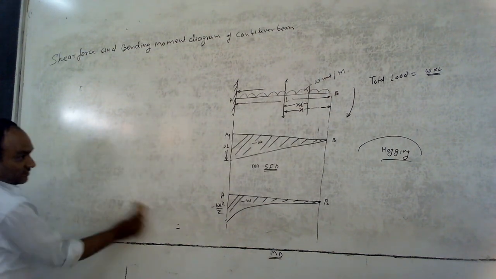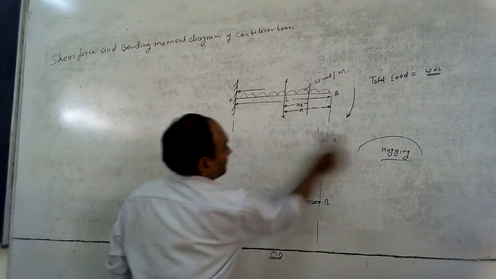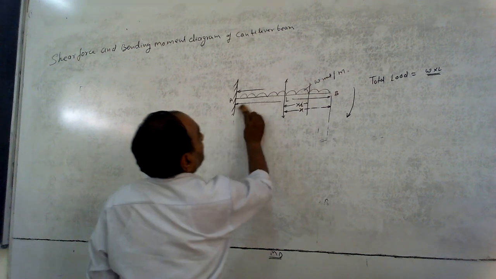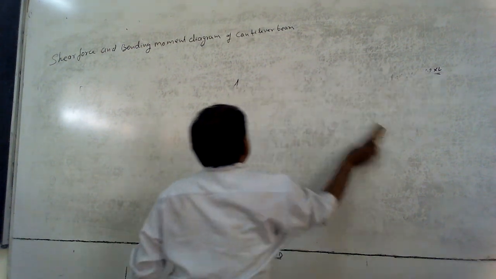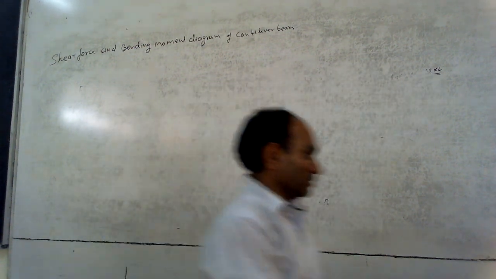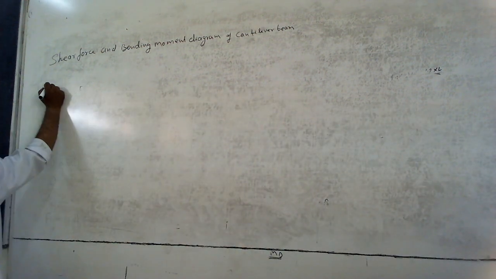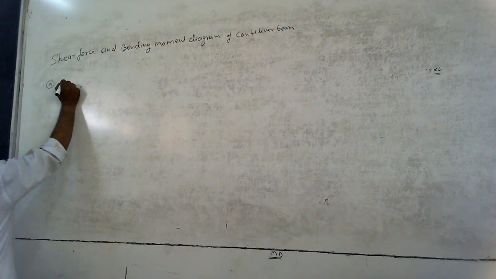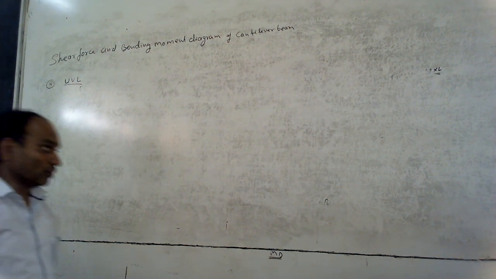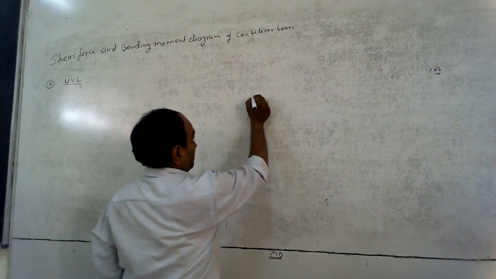UVL is uniformly variable load. Shear force and bending moment diagram for the third case: UVL, uniformly variable load.